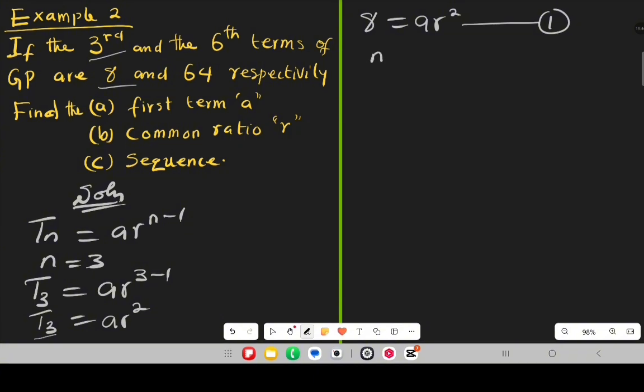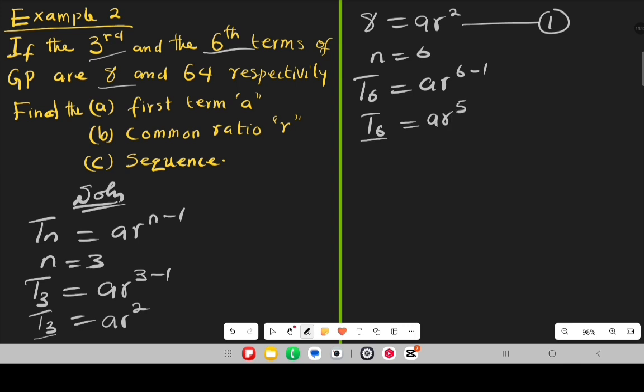Then when n is equal to 6, which is the sixth term, we have T6 is equal to a r raised to the power of 6 minus 1. If we simplify further, we have T6 is equal to a r raised to the power of 5.